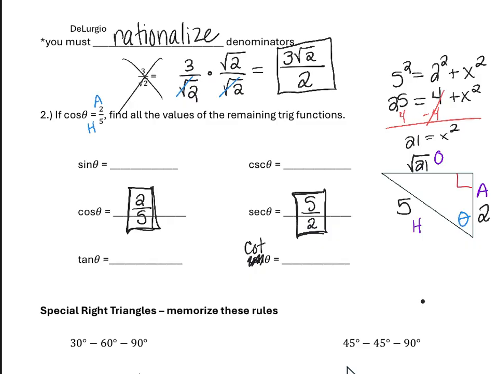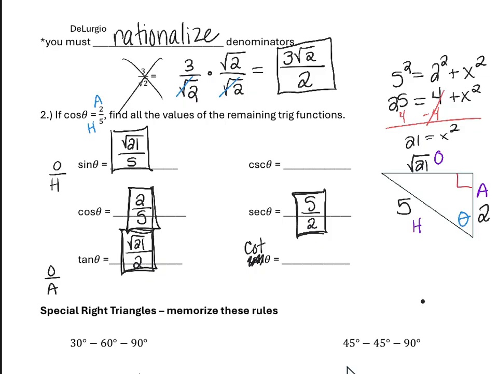Okay, so sine is going to be opposite over hypotenuse. Our opposite side is root 21 over the hypotenuse, which is 5. Do I need to simplify any further? No. And then tangent is going to be opposite over adjacent. So the opposite side is root 21 over the adjacent side, which is 2. Can I simplify further? No.